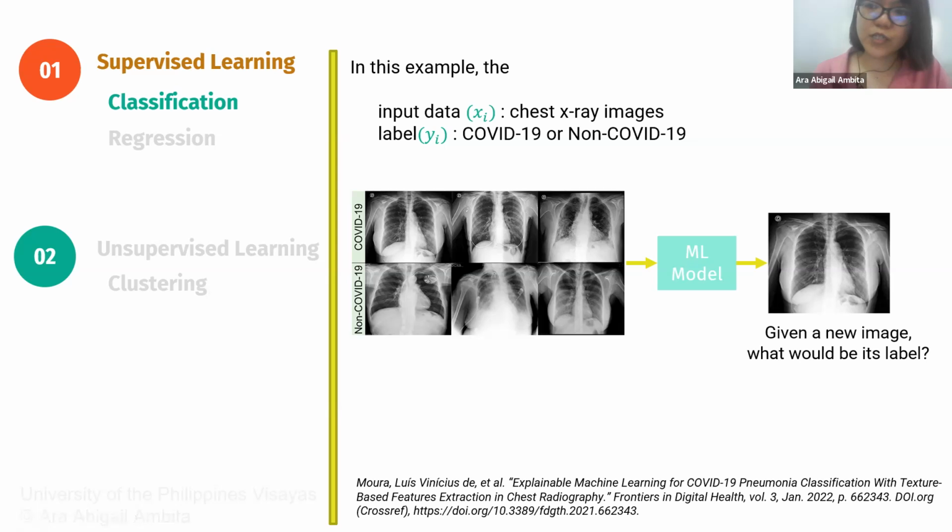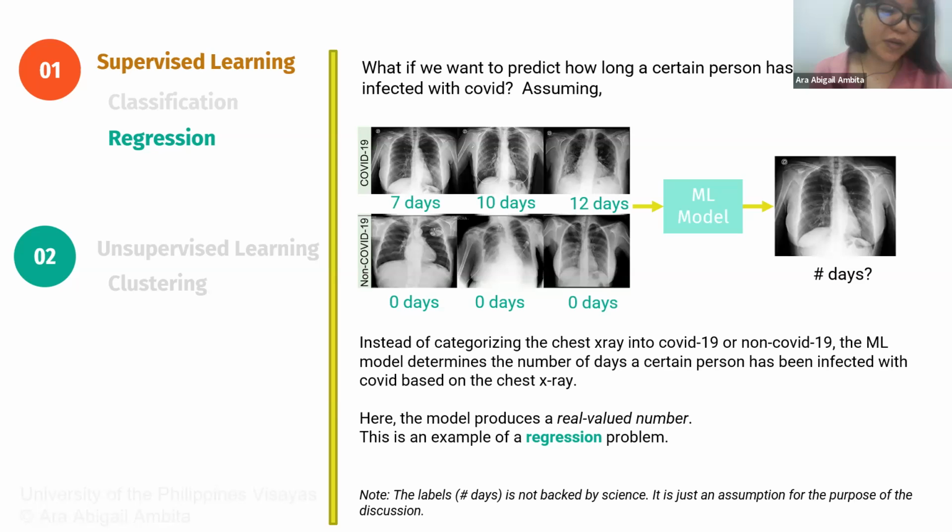In other words, we are categorizing a certain sample into several categories. Now what if we want to predict how long a certain person has been infected with COVID? This is just an assumption; this data was just added for the sake of discussion.